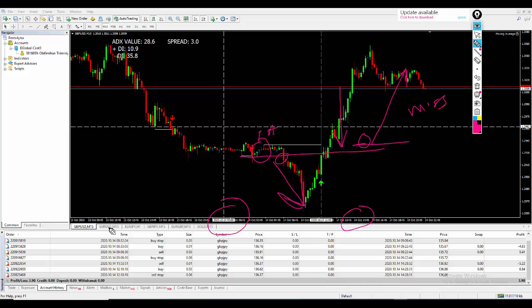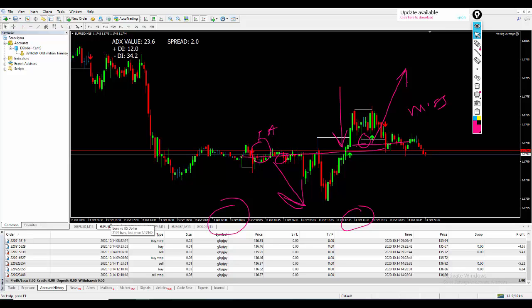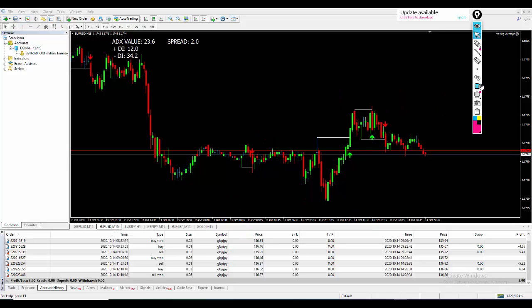Now let's go to Euro USD. The market started at midnight, which is 1400, and these are the first signals for the day, which is here.